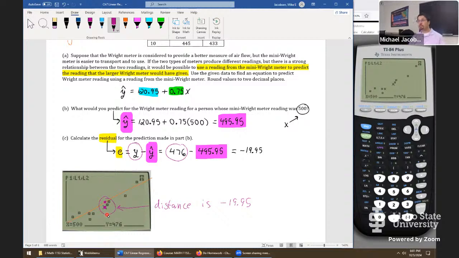Any questions, folks, with the work on the residual? How do we word what you said, the negative 19.95? Oh, let me give a wording on that.